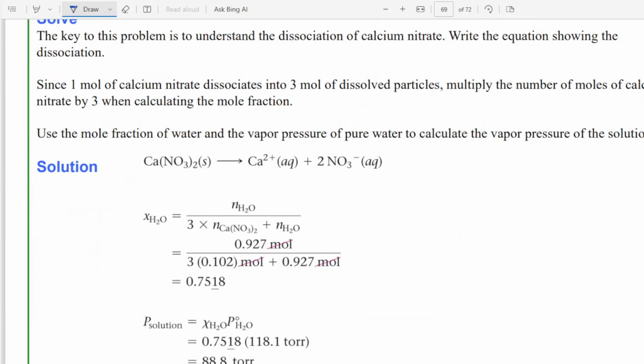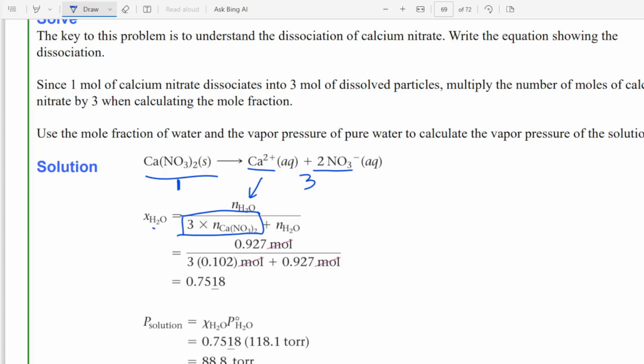What we need to do to calculate the mole fraction of the water is put the moles of water on top and multiply the moles of calcium nitrate that we put in times 3 to account for the dissociation, because calcium nitrate dissociates into calcium 2 plus and 2 nitrate ions. So we have a 1 to 3 ratio for the dissociation. For every 1 mole of calcium nitrate that we put in, we get 3 moles of ions out.